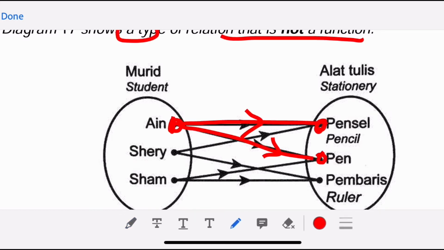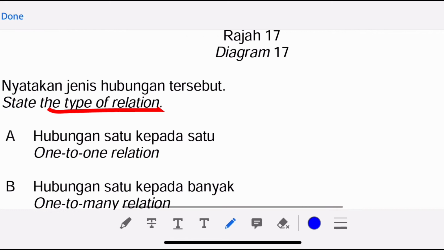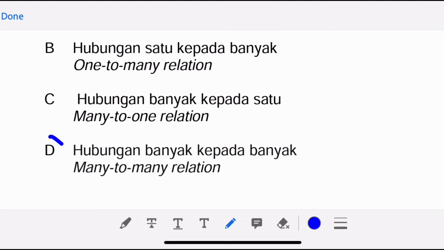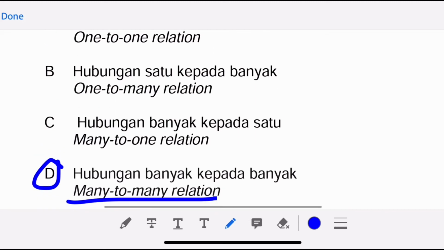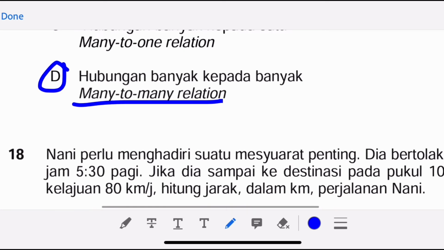At the same time, we can see that one image comes with two objects, so it's many to many, right? So this one should be a many to many relation. It's quite simple. Let's proceed to the next one.